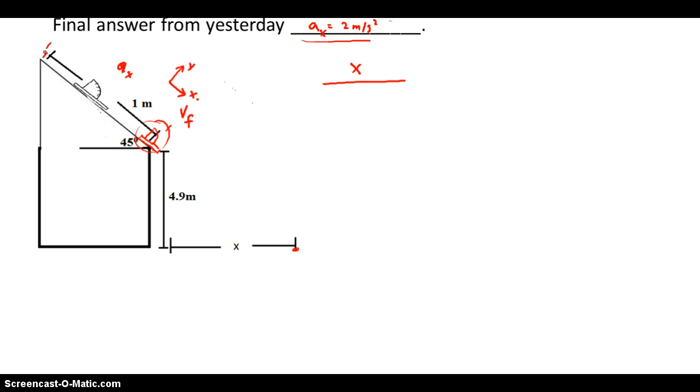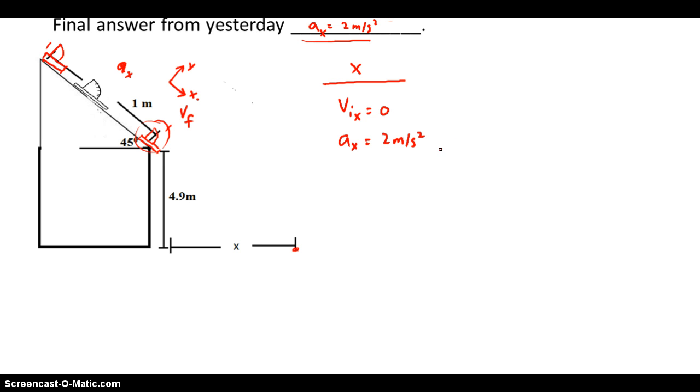Well, if it starts up here from rest and then we release it, we can say the initial velocity is 0. Now as it's moving down this slope, we calculated in yesterday's problem the acceleration, which is whatever you found it to be from yesterday.